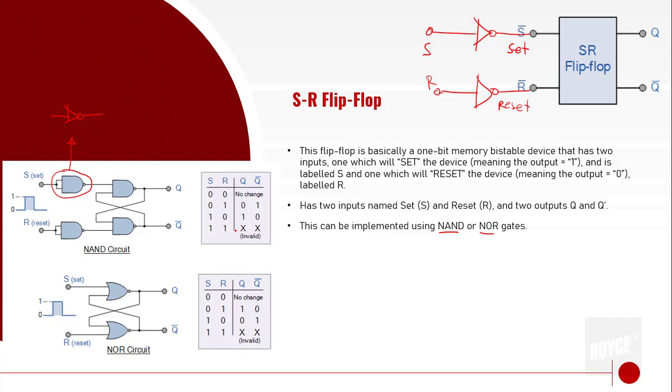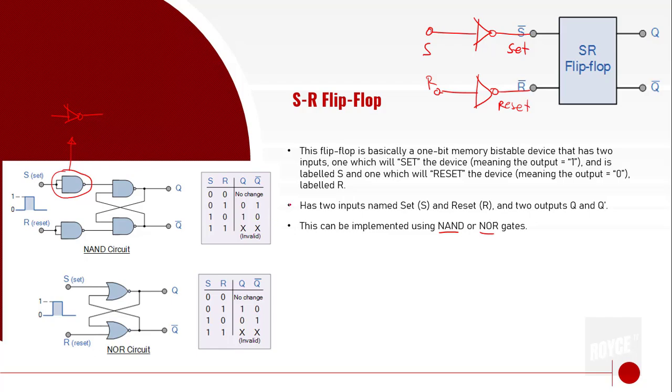Now, what we discuss in flip-flops is what the output will be, depending on the input combinations. So for 0 0, when S and R are set to 0, the output of the SR flip-flop should not change from its previous output.